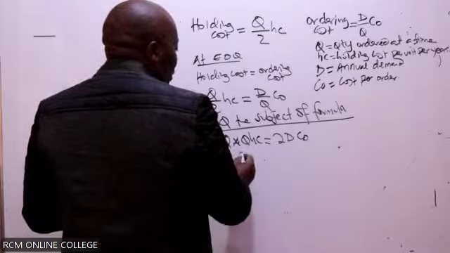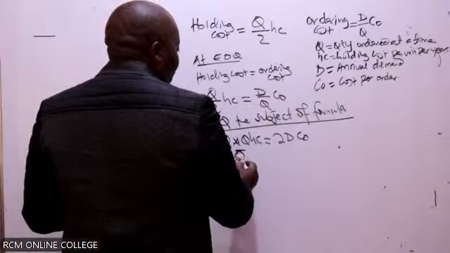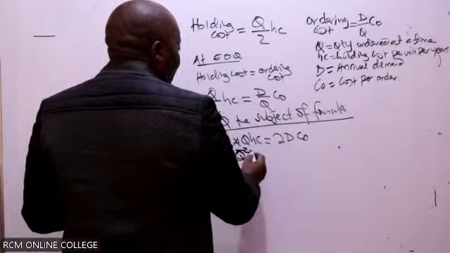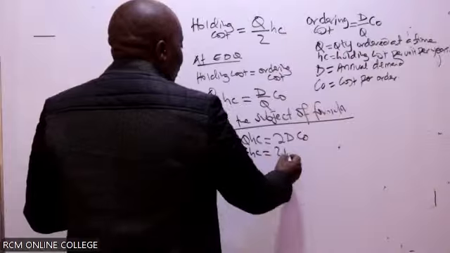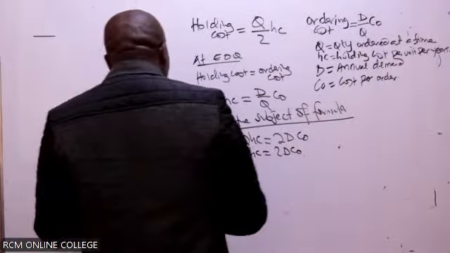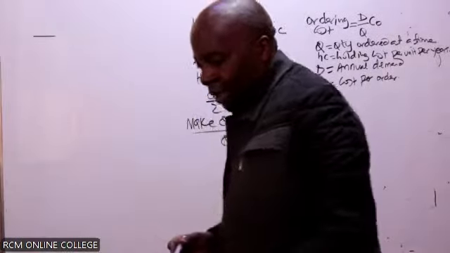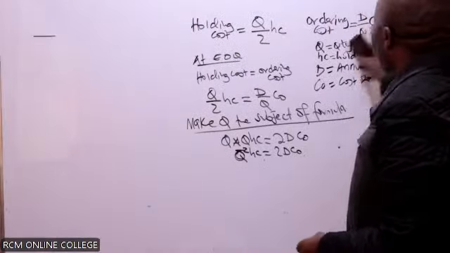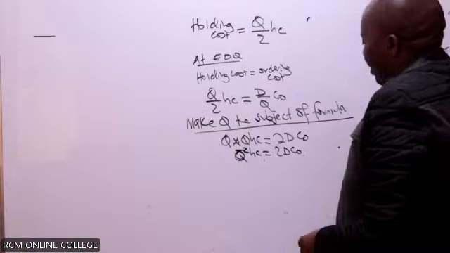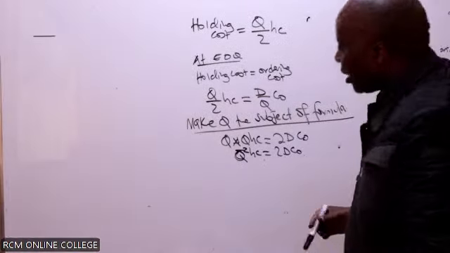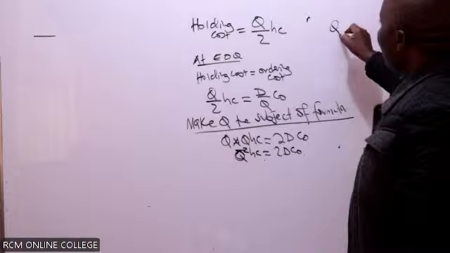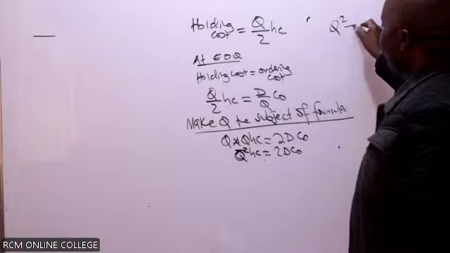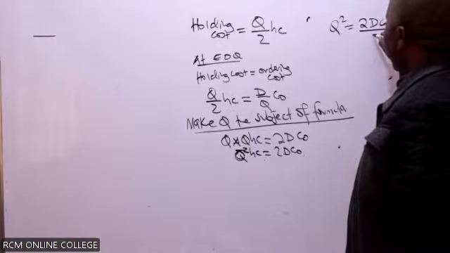So this will be Q squared HC equals 2 DCO, meaning that Q squared will be equal to 2 DCO over HC.